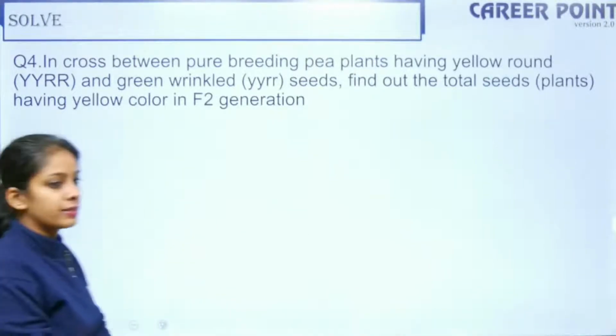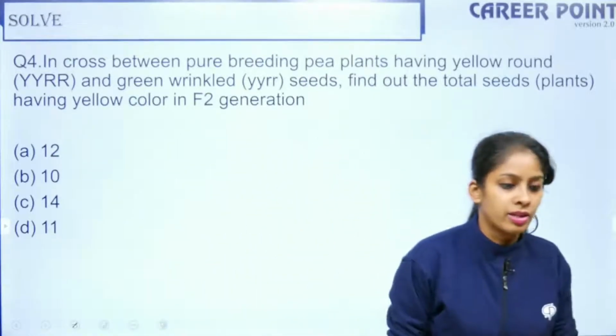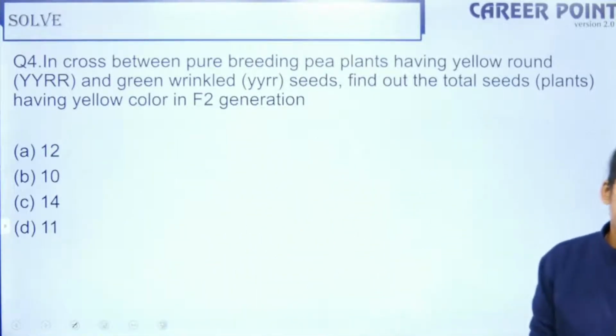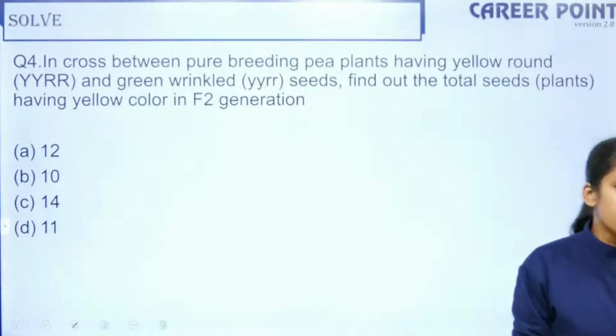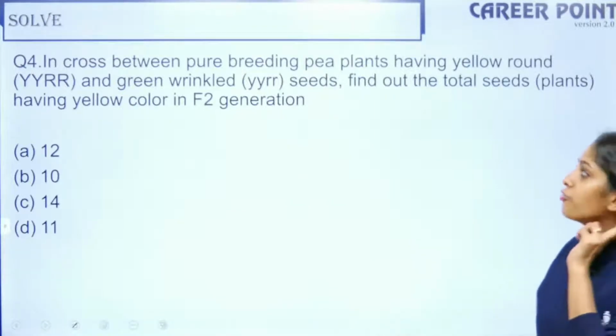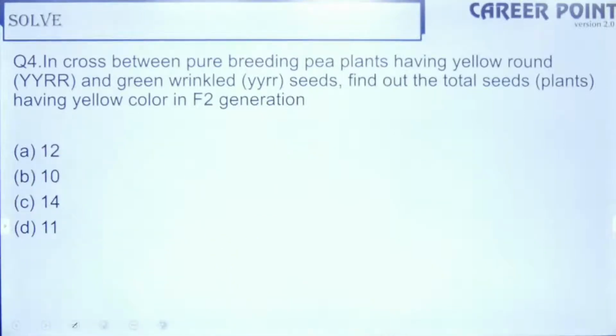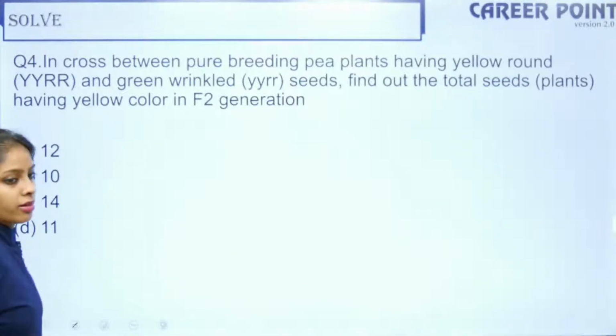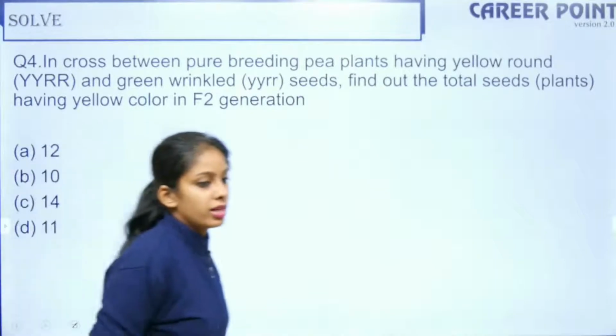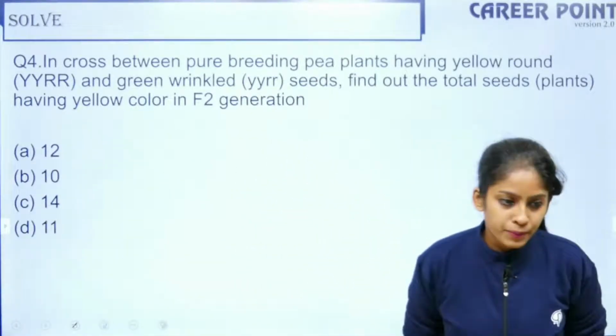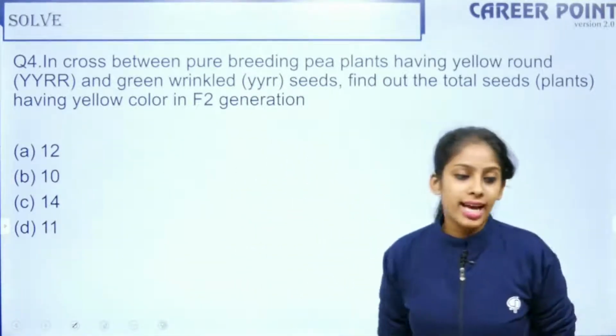It's an easy question. What is the answer? You do not have to do the cross. You can do it quickly. It's a dihybrid cross, right? What is the answer? B, 10.